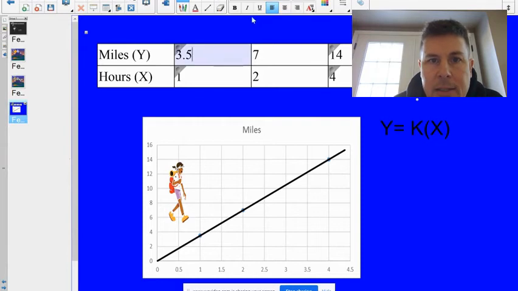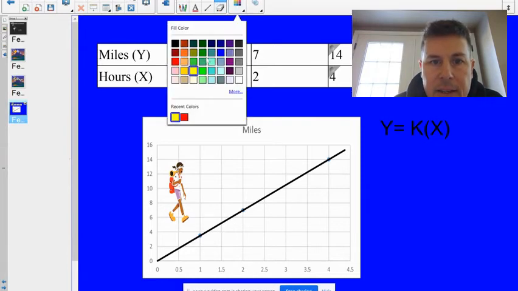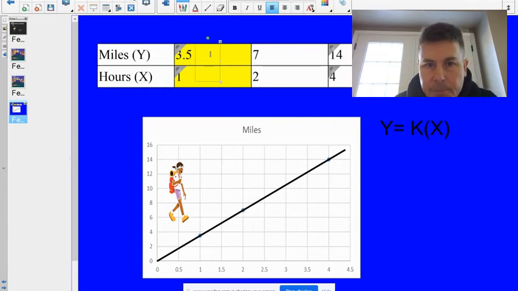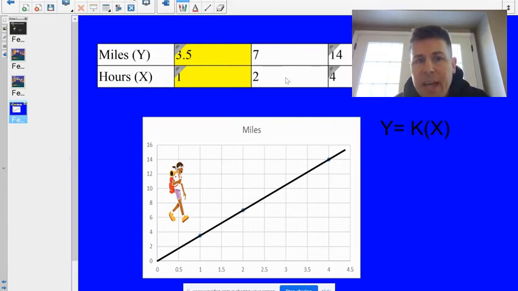So our unit rate here is 3.5 miles in 1 hour. That's our unit rate, okay? And I want to use that unit rate to help us create our equation for how our hiker was traveling when she was out in our Colorado mountains.